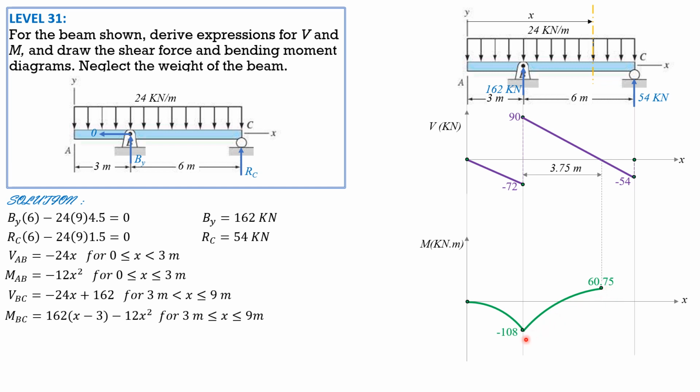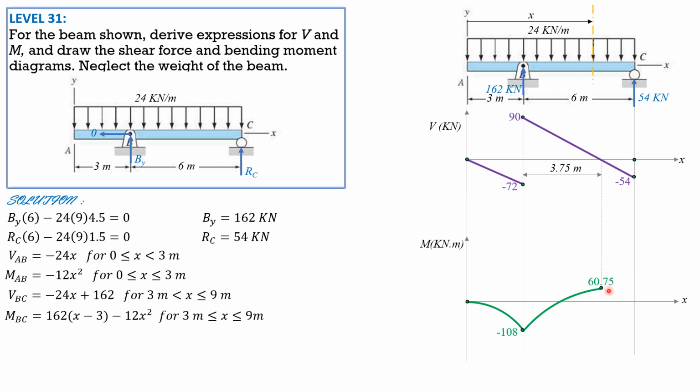Then why do we connect the 2 points with this concave downward curve? Because again, the coefficient of the second degree term in this function MBC is negative, or if you differentiate this twice, the result is negative, so it is concave downward as shown.